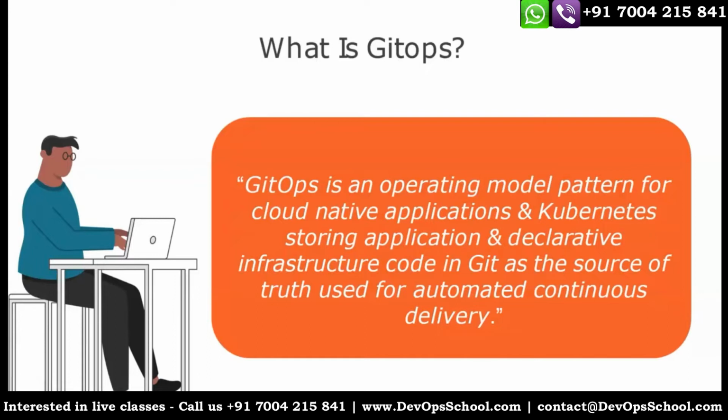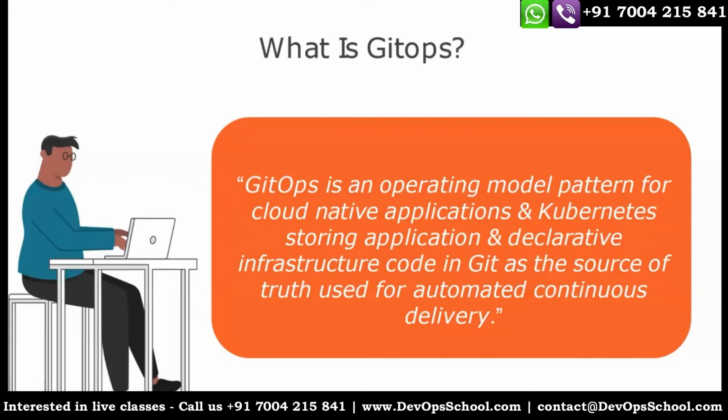This GitOps model is pretty new actually, and it is one of the opted models to implement continuous delivery in Kubernetes, I mean the cloud native infrastructure and cloud native applications world. Are you understanding now? Yeah.